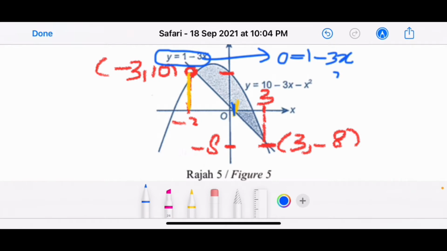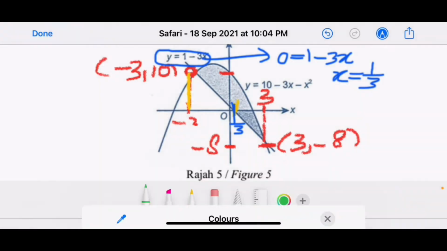So we find out that x is 1/3. So we need to figure out the 1/3 and the 3 here. This is the base of the triangle, so in short, the length. This is 10, obviously. But from here to here is 3 and 1/3.